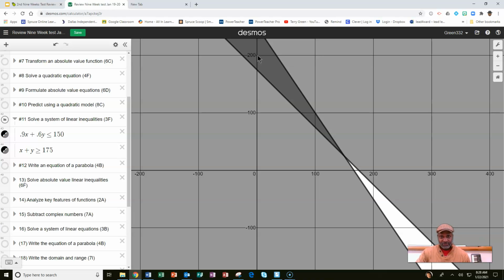Since this is the y-axis, this is oranges. He could order 200 pounds of oranges, it will cost him less than $150, and he will definitely have more than 175 pounds.